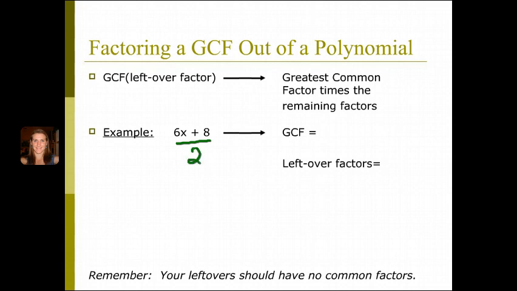So what we want to do is divide 6x by 2 and divide 8 by 2. So 2 is our greatest common factor, and then after we've done the division we have 3x plus 4. So once we factored out a greatest common factor, you should write your final answer as 2 times 3x plus 4.